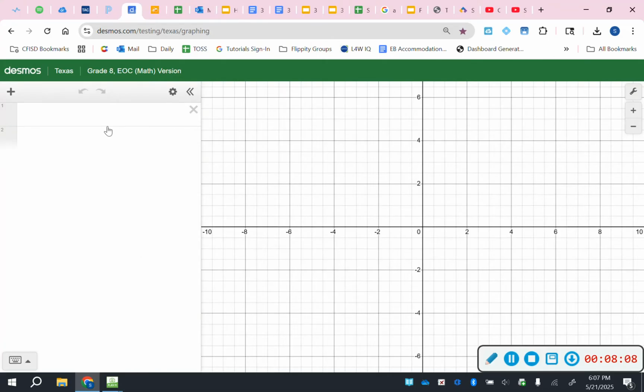Y equals negative 4.9x squared plus 8x plus 10.